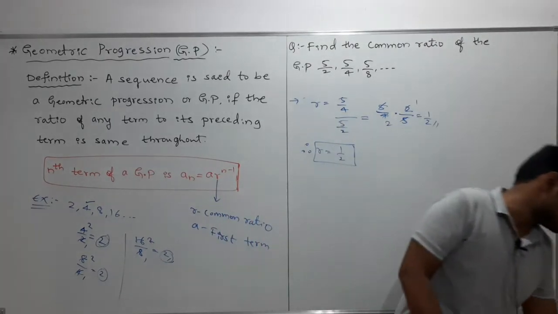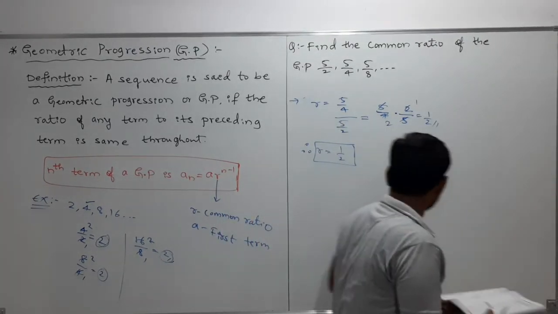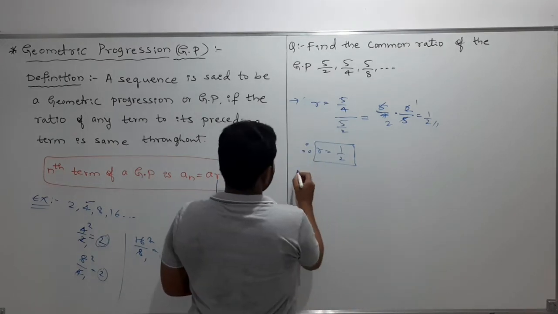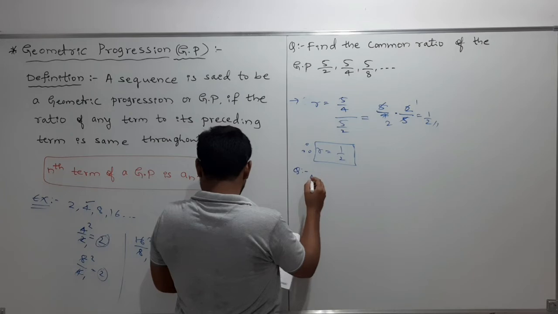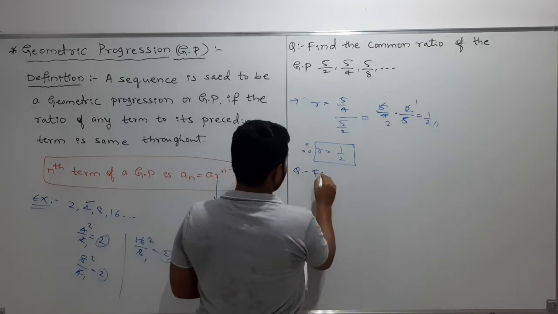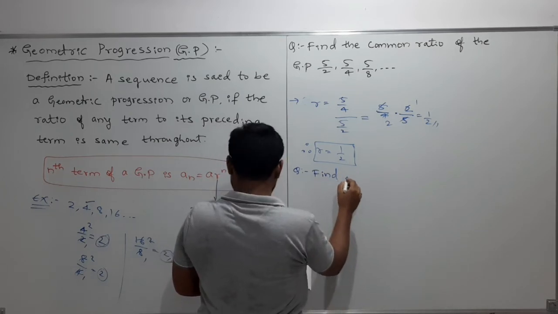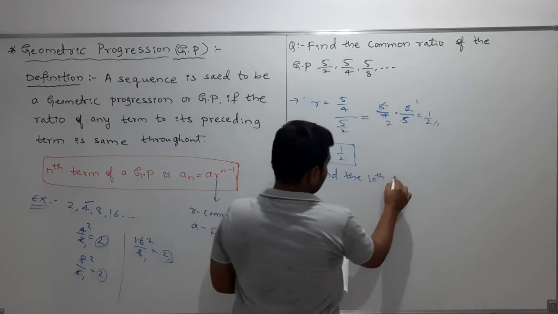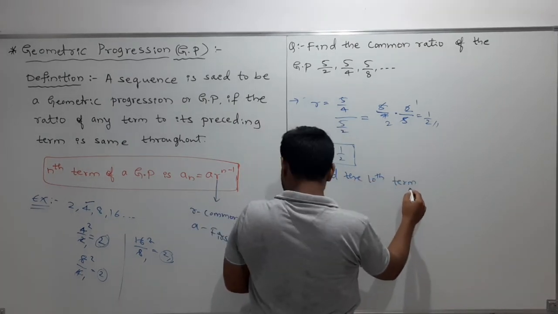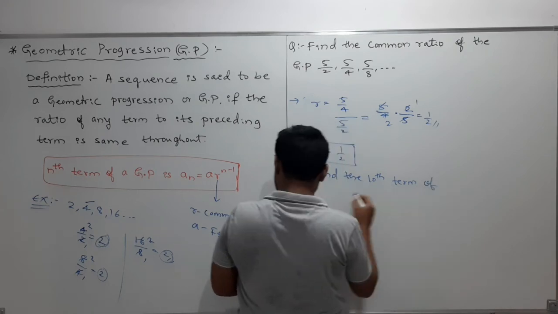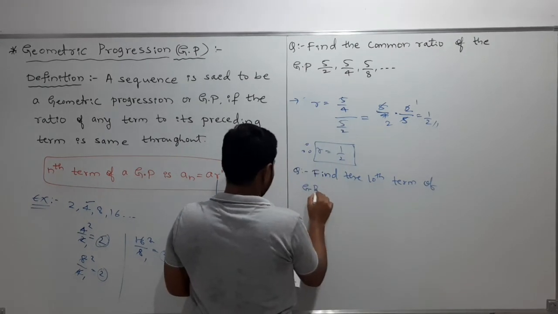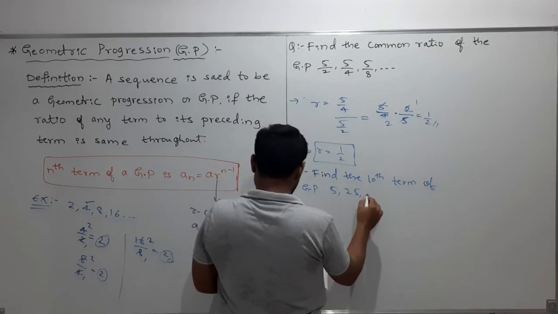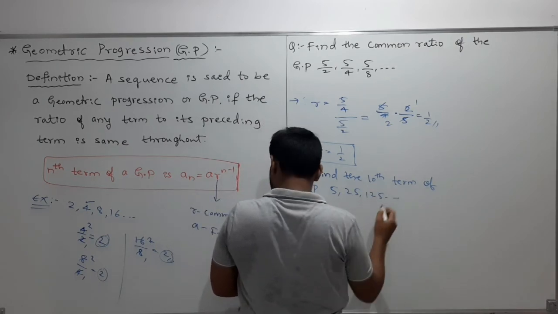The next question, I'm going to discuss now. Find the 10th term of the GP. The numbers given are 5, 25, 125 and so on.